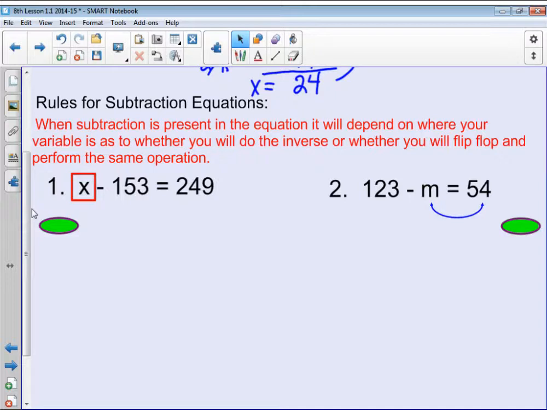You'll notice that as I'm looking at these two equations, both have subtraction. But what is different about them is, in this case, the variable is in the front position. And in question number 2, the variable is in the back position.